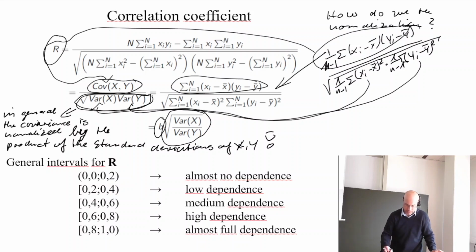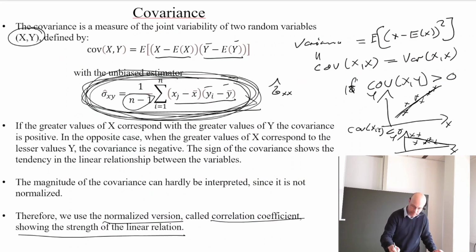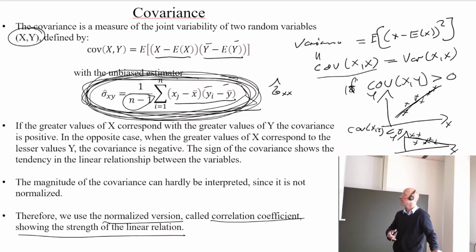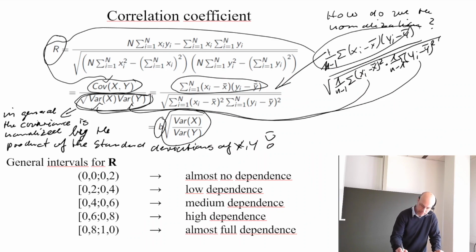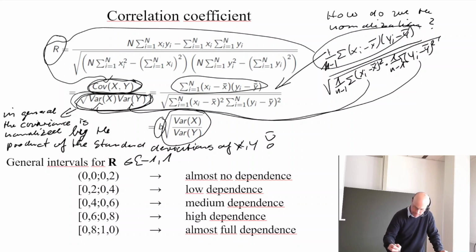And of course, if we look again at the definition of the covariance, and knowing that the covariance of xx is the variance of x and the covariance of yy is the variance of y, then we know that the denominator has always to be in absolute value larger than the covariance, and if x is y, then of course we obtain the number 1, and therefore we obtain that R is an element of -1 to 1.